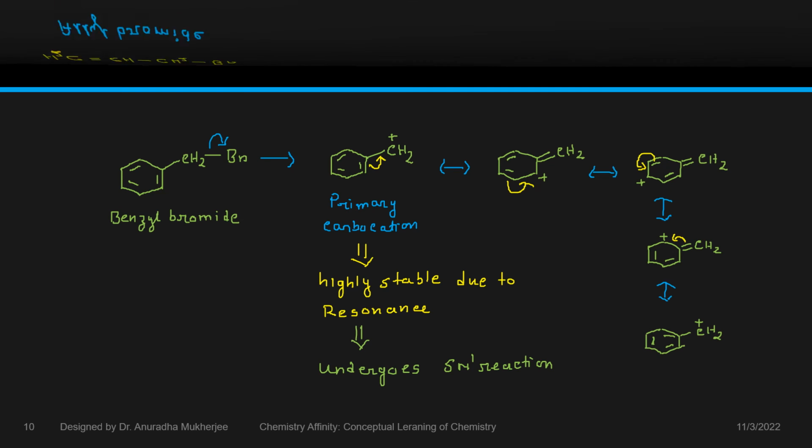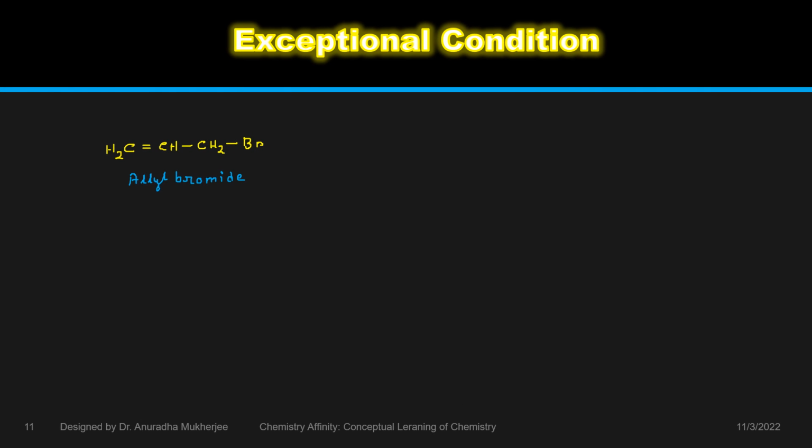Now one more example we can use to explain how important the stability of the carbocation is for SN1 reaction. This is allyl bromide, CH2 double bond CH, CH2Br. This carbon is sp3 hybridized, and this is the leaving group. When the leaving group leaves, we are getting a carbocation.